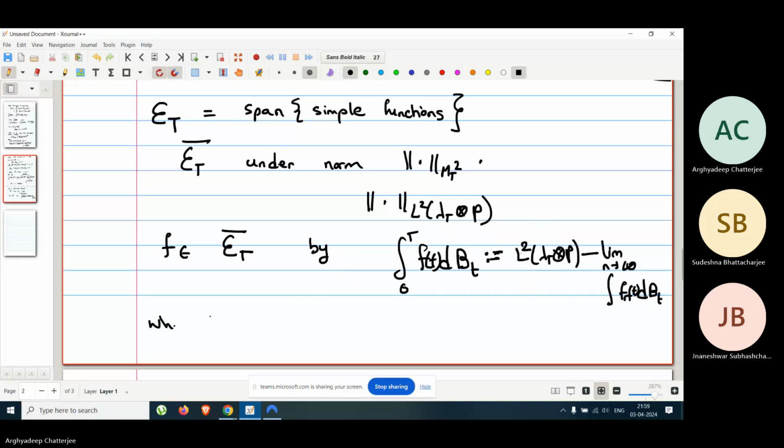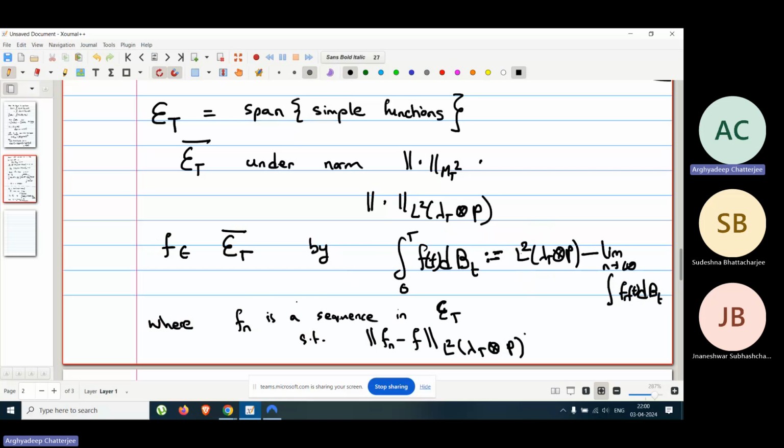where fn is a sequence in this space ET such that the L2 norm of the difference fn minus f goes to 0.